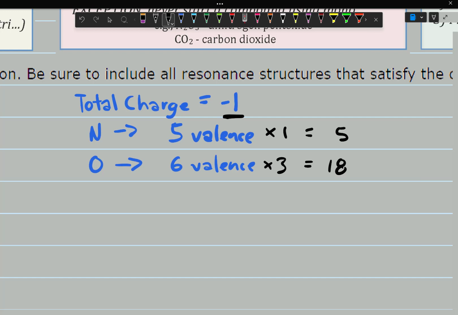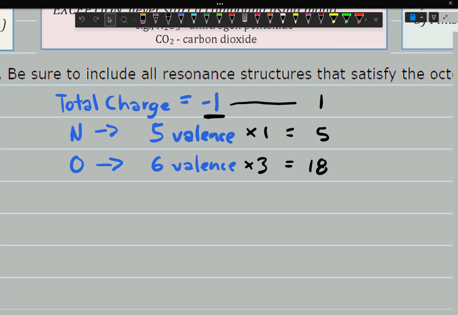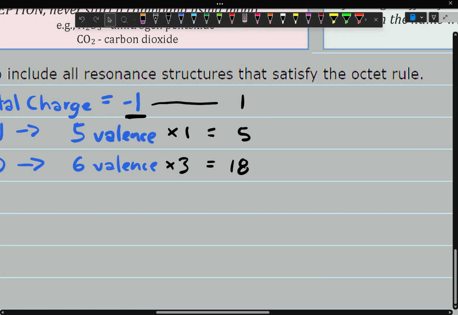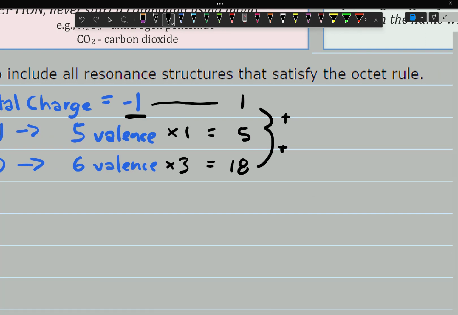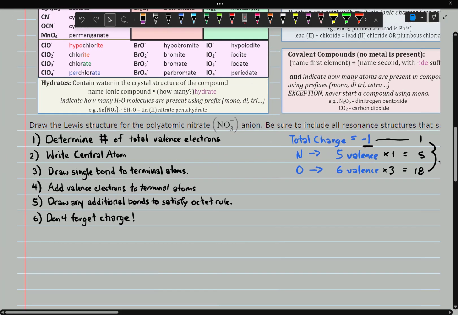The -1 charge indicates that there's an additional electron, because an electron is negative. So we have an additional 1 to add to this, and so we just add these up. So 18 plus 5 plus 1 gives us a total of 24 valence electrons. So that was step 1.